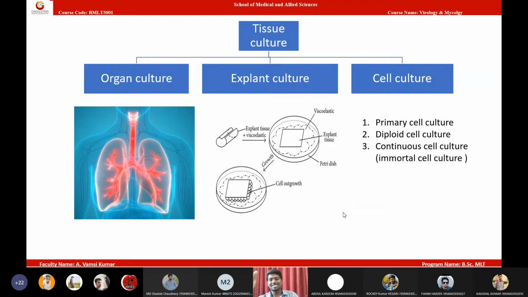So you got my point, right? There is a huge black market for these babies. Many doctors are doing these abortions purposefully for the sake of selling these fetuses in a black market. So this is the major concern with tissue cultures.